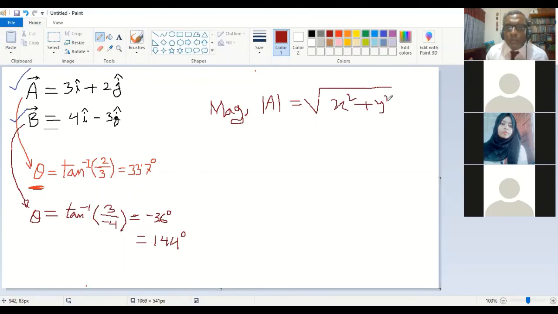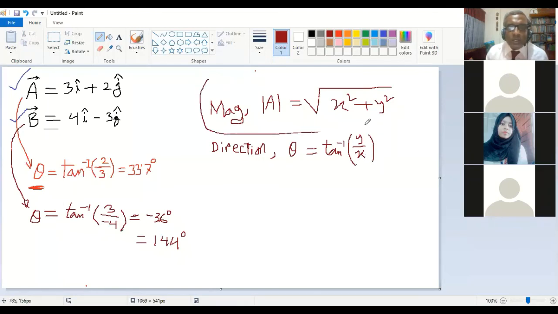And if you want to find the direction, direction means it is actually angle. So that angle, you can write theta, will be tan inverse y by x. Be careful, not x by y, but y by x. So y is the vertical number and x is the horizontal number.